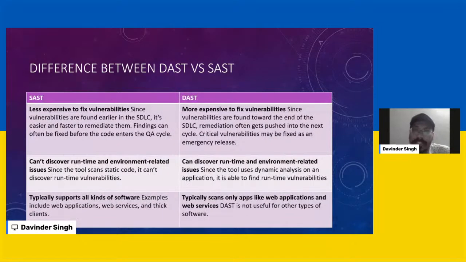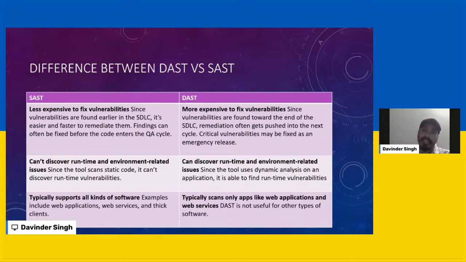So SAST is, as I said, less expensive to fix vulnerabilities. Since vulnerabilities are found earlier in the SDLC stage, it's easier and faster to remediate them, often fixing before the code enters QA. QA is actually the quality analysis cycle, where business logic failures and other things are checked.